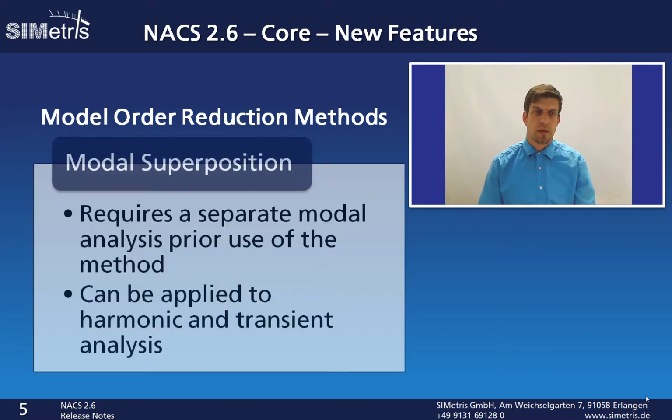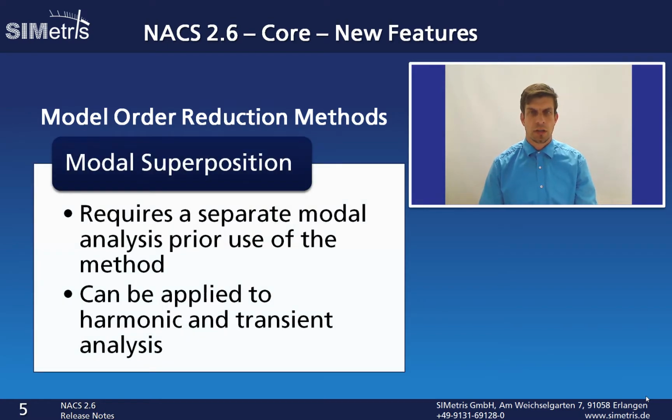I want to start with the modal superposition. As the name already suggests, to use this kind of model order reduction technique you have to carry out a modal analysis at first, and then in the next step those mode shapes are the base for the reduced order model.